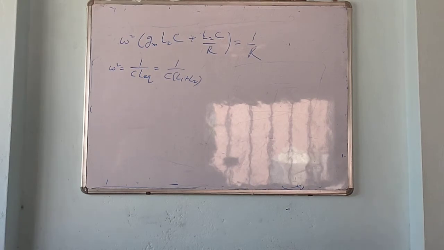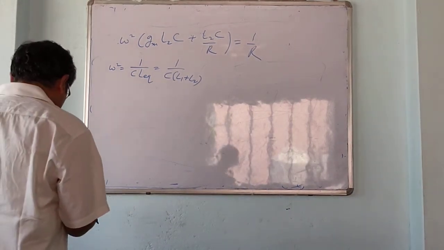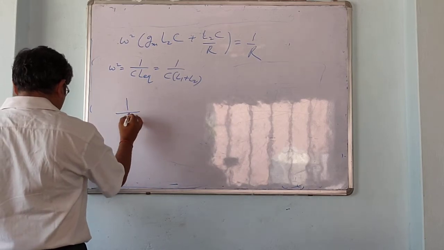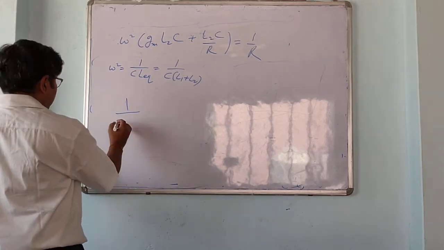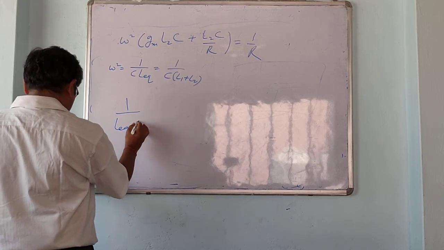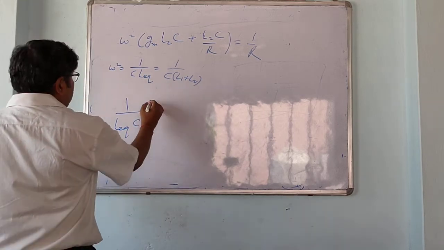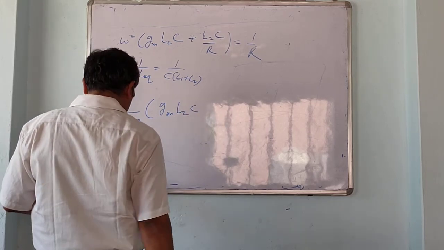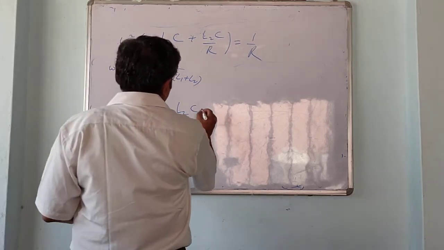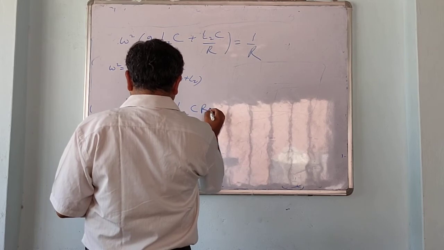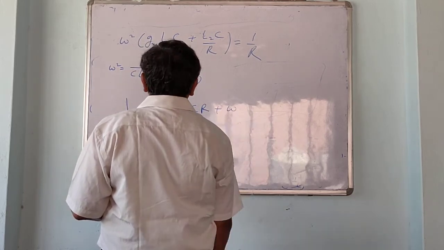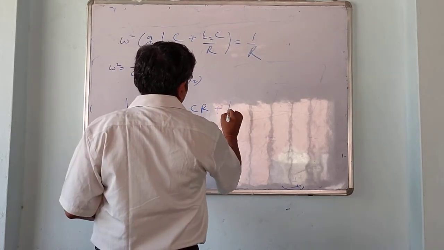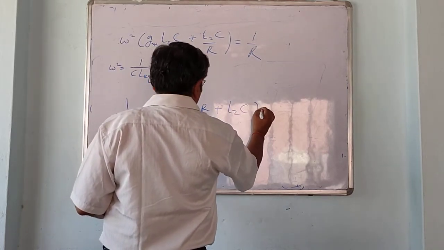After replacing this value of omega square, you can write here 1 upon L equivalent C into Gm L2C upon R plus L2C equals 1.